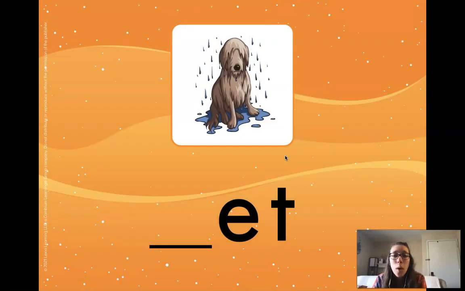This dog is wet. What is the first sound you hear in wet? Good, the first sound in wet is W. And what letter says W? Good, W says W. So we're going to put a W at the beginning of this word.